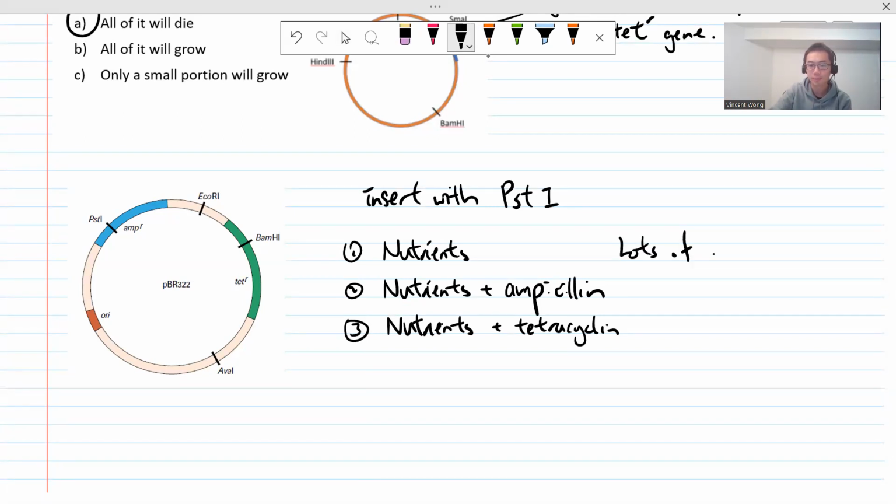You give them nutrients, they grow, grow, grow. Okay, number two, what about nutrients with ampicillin? Lots of growth, some growth, no growth? Lots of growth. Okay, and why is that?